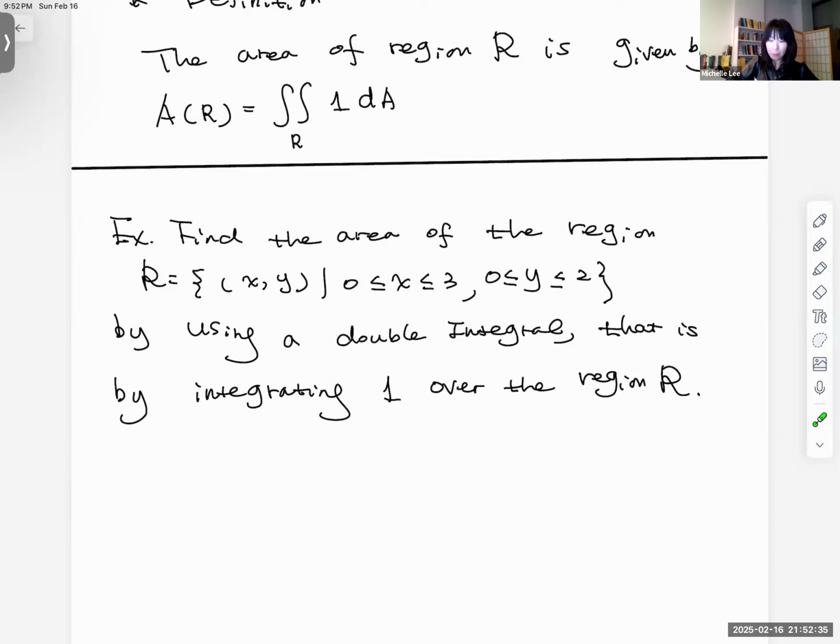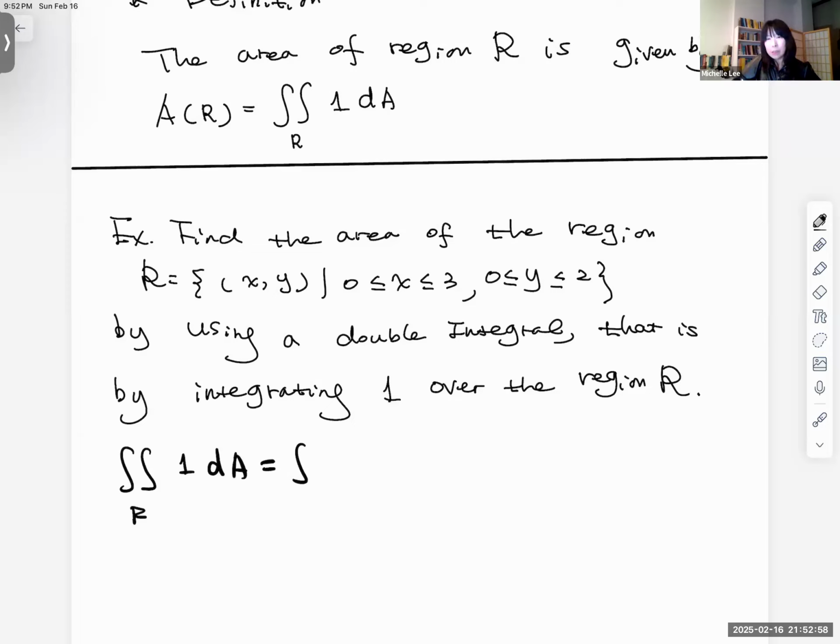And they say that by integrating 1 over region R, right? So let's just do it. So we have R, the rectangular region, and then 1 dA equal to integral.